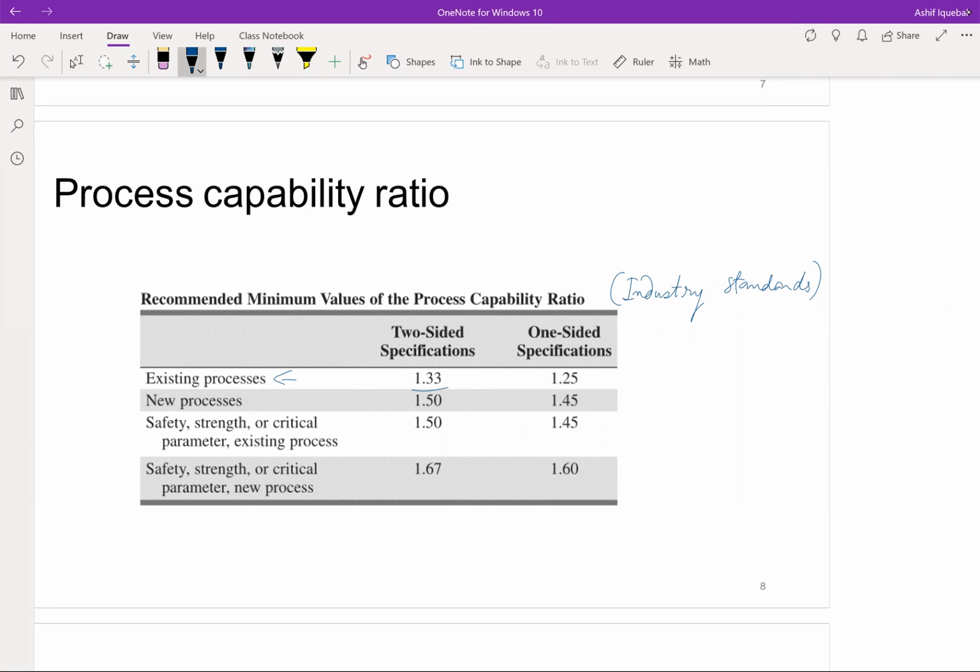If it's a new process, I want to make sure that my specification limits are wider, so the value of CP is slightly higher, which is 1.50. If it is for a safety, strength, or critical parameter, and if it is a new process, again, we want the specification limits wider, right? So that's how we produce fewer defects, right? So we can write this down here: an increase in CP leads to fewer defects.